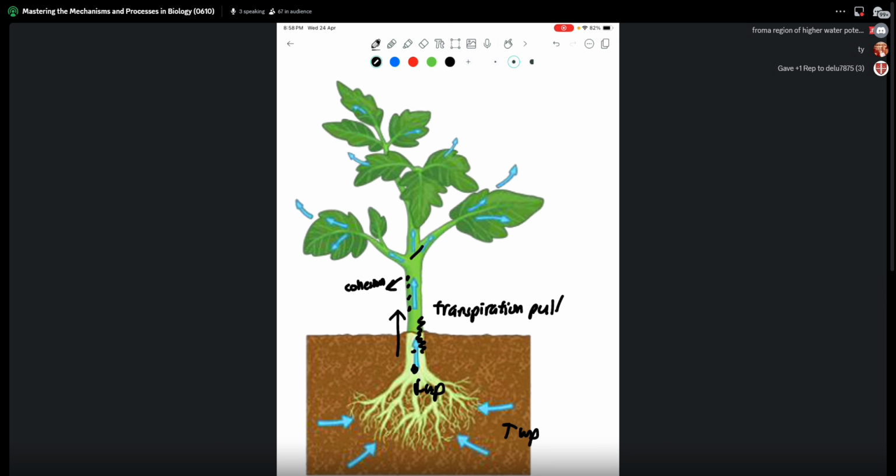As it goes up, it will go to the leaf. After it's been used up, it leaves as water vapor, so this H2O becomes gas.